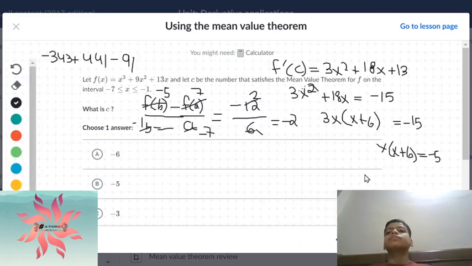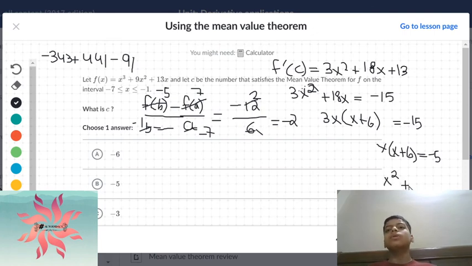Okay, let's figure out what this is equal to. This would be x squared plus 6x is equal to negative 5. What x value will successfully prove this equation? So let's try negative 6. Negative 6 squared is 36. 36 minus 36 is just 0, so it doesn't work.